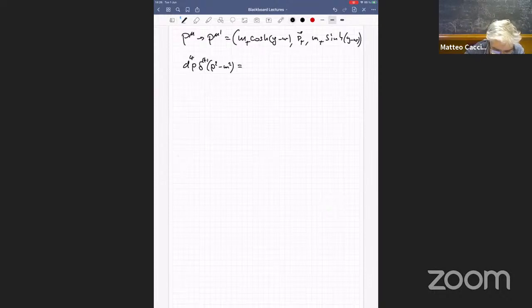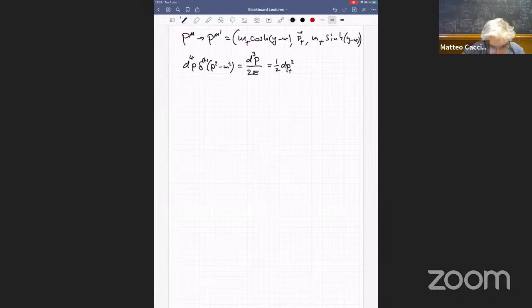This gives the well-known d3p divided by 2E. You must definitely be familiar with this equation if you've done any cross-section calculation in QED or in quantum field theory. Under this form, it is less clear that this phase space is Lorentz invariant, though of course it still is because it corresponds to the equation you have on the left. But what interests us here is that this can be written in the following way.